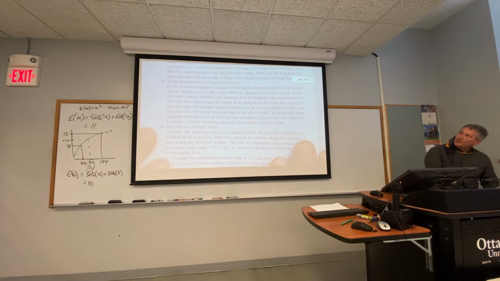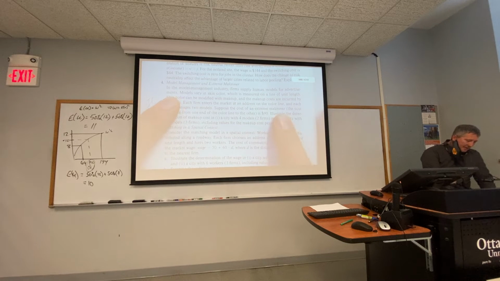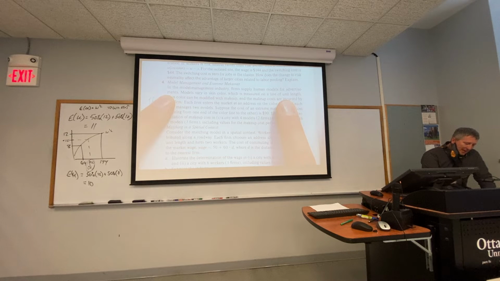Number 4, model and management and extreme makeover. In the model management industry, firms supply human models for advertisements. Models vary in skin color, which is measured on a line of unit length. Skin color can be modified with makeup, and the makeup costs are incurred by the firm.